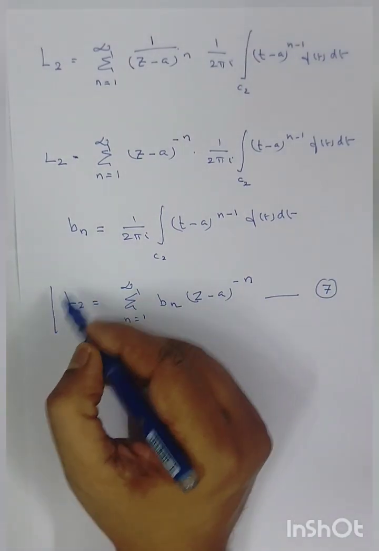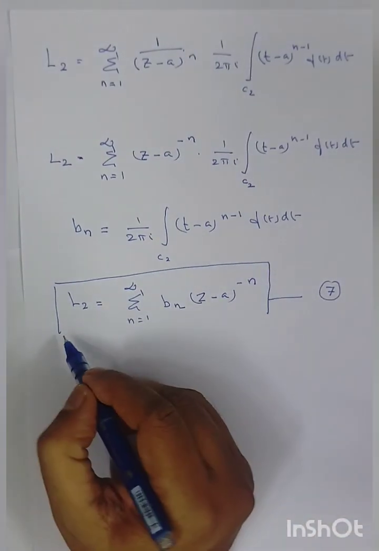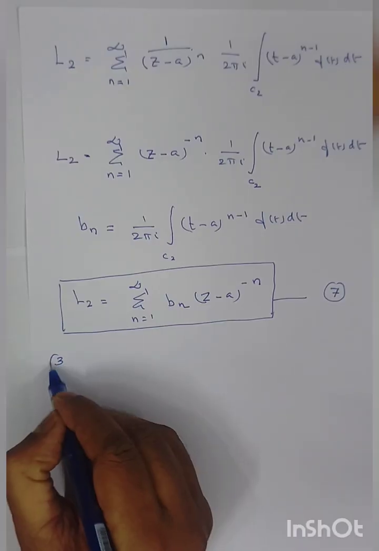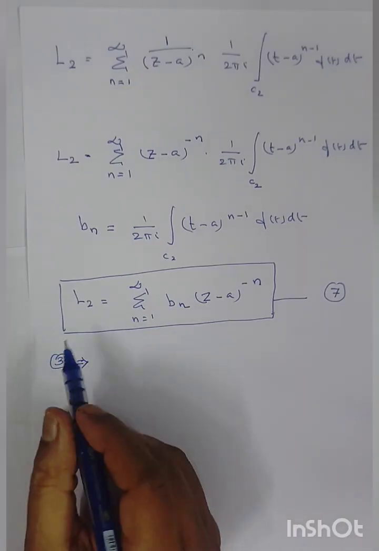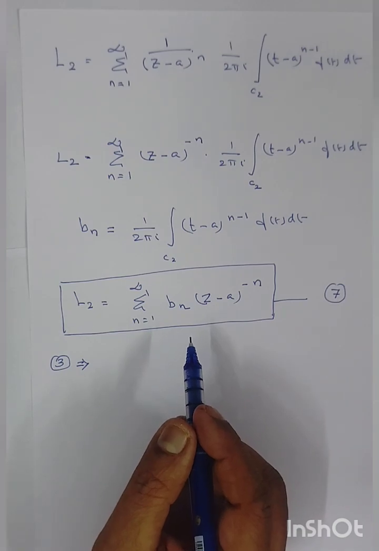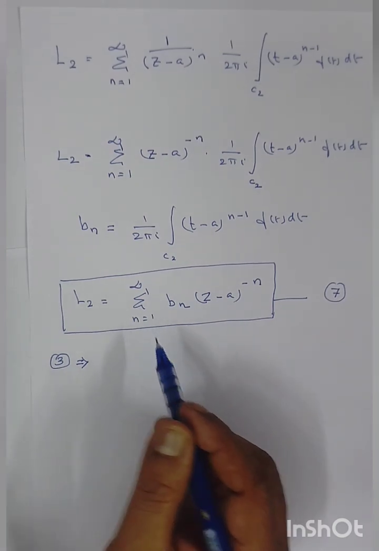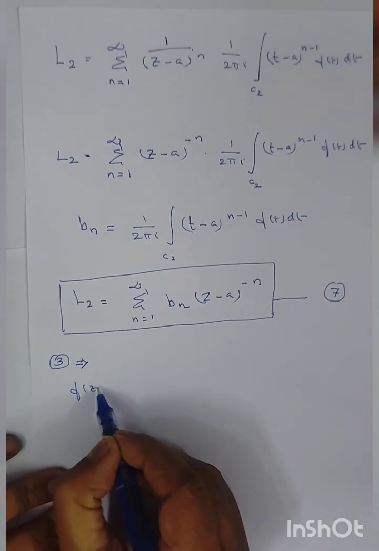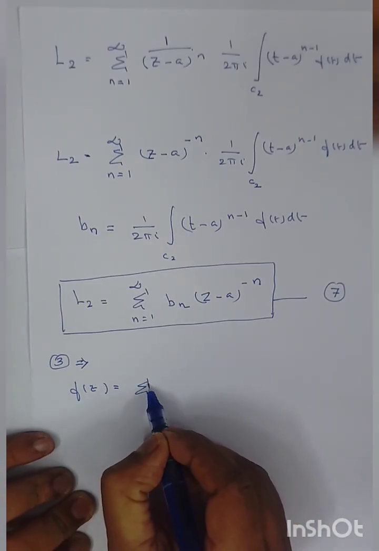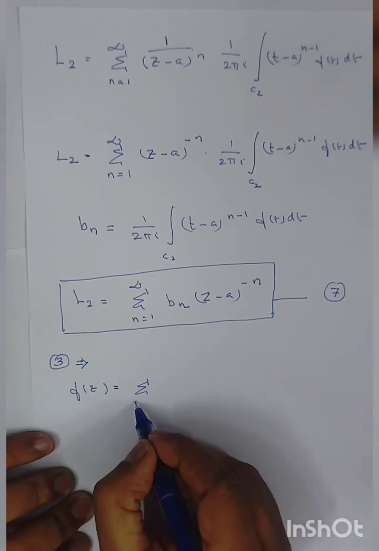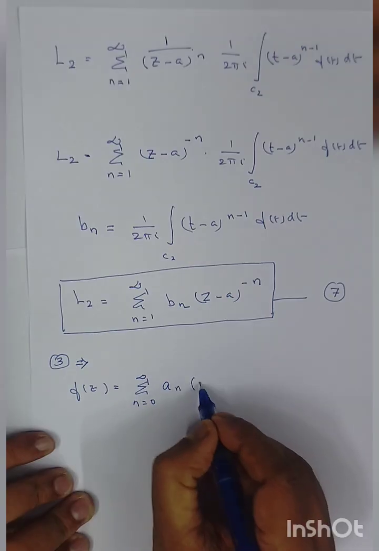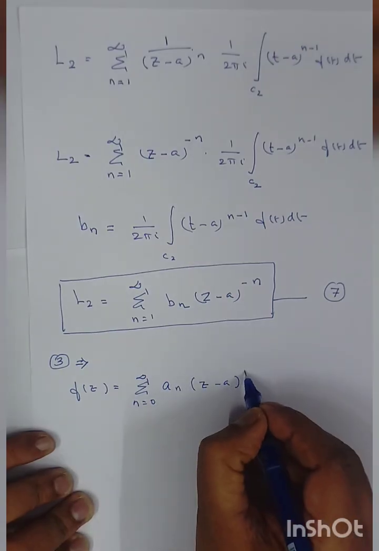So we found the value of L2. So now we know L1 and L2. Therefore equation 3, which is the combination of L1 and L2, becomes f of z equal to the L1 value from equation number 6, which we know is the sum, n equal to 0 to infinity, of an (z minus a) the whole power n.